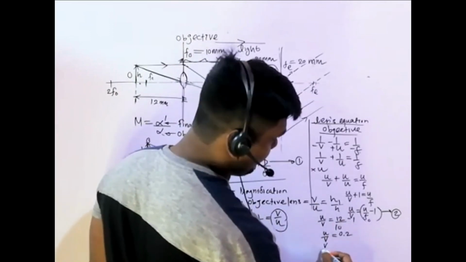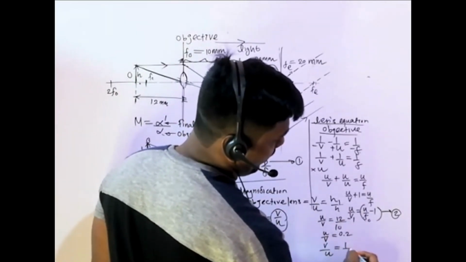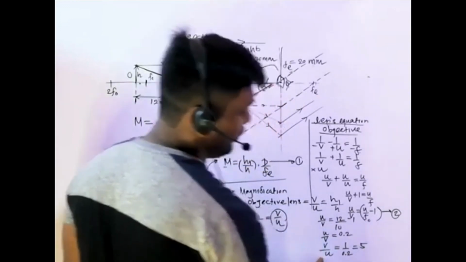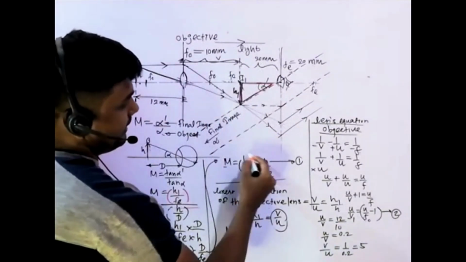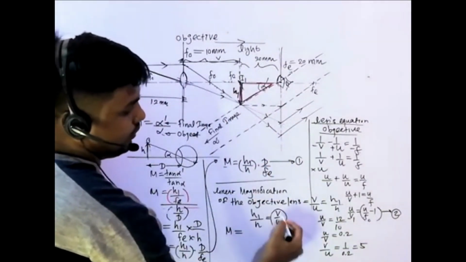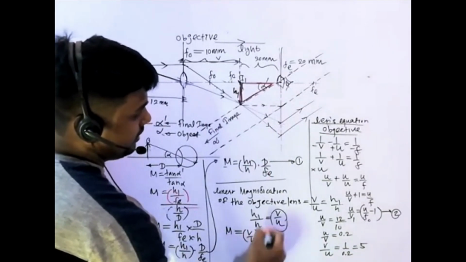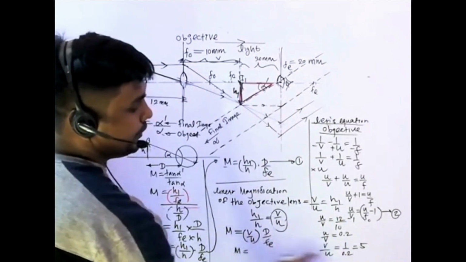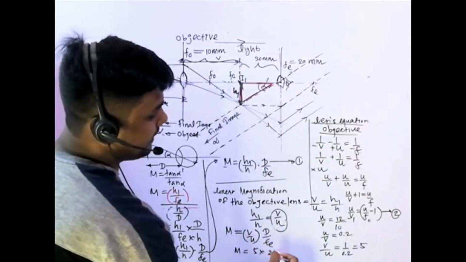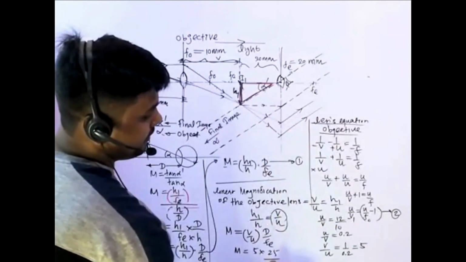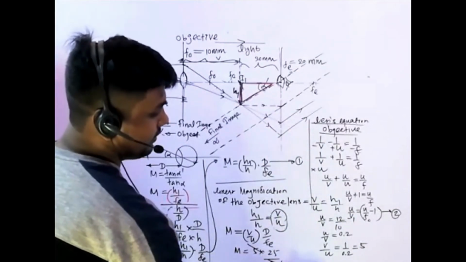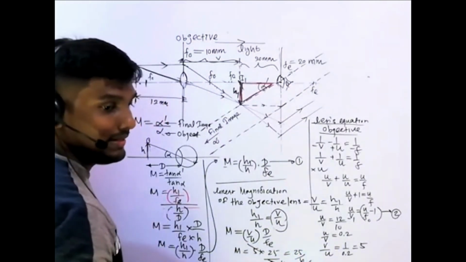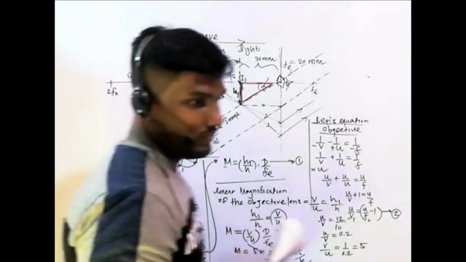Then V over U is 1 over 0.2, which is 5. So V over U is 5. Then M is V over U times D over FE: 5 times capital D, which is 25 centimeters, over FE, which is 20. Then you get 25 over 4 as your answer. Did you get this answer?